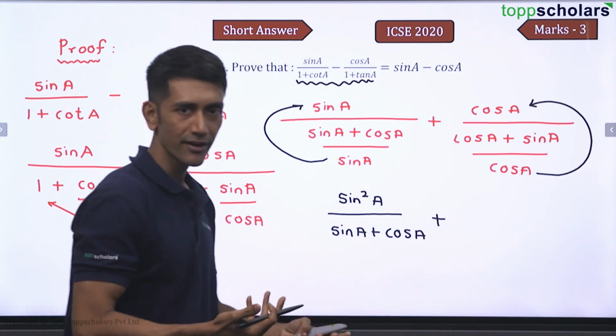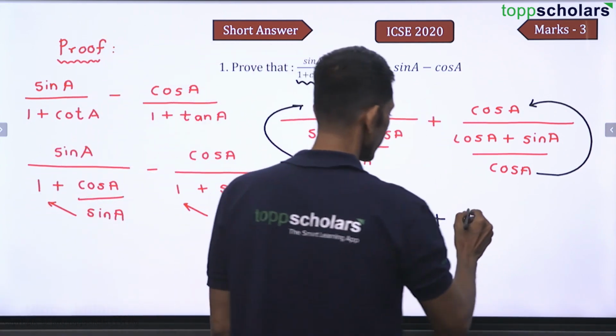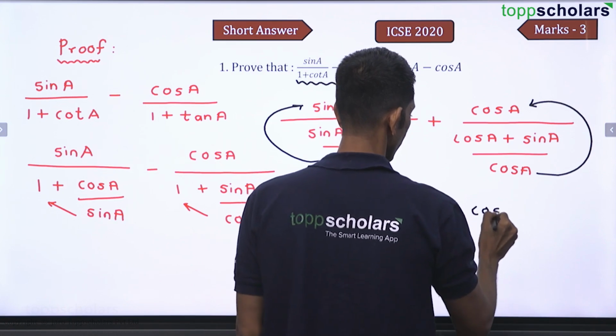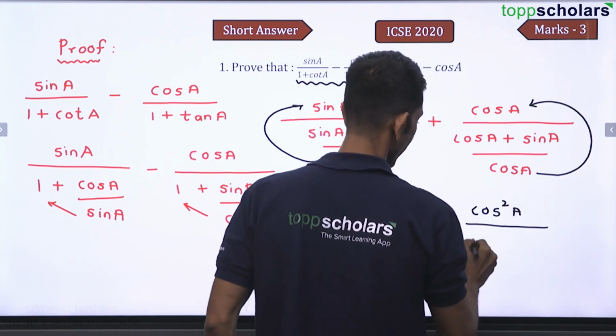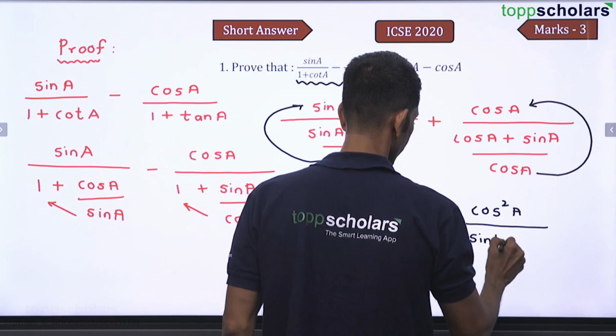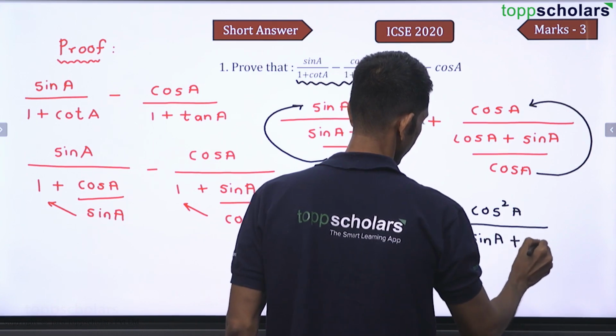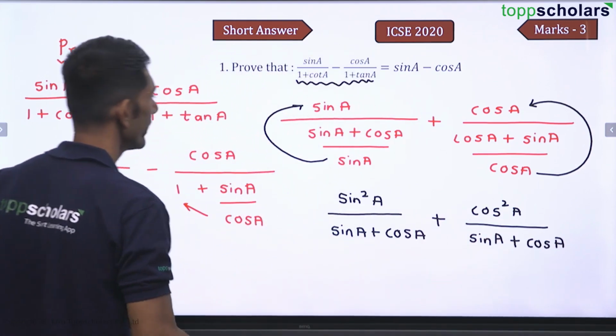Plus, I hope you are concentrating because these are a bit slow questions. Cos a goes up, that gives you cos square a by sin a plus cos a, right? So sin a plus cos a is the common denominator here.